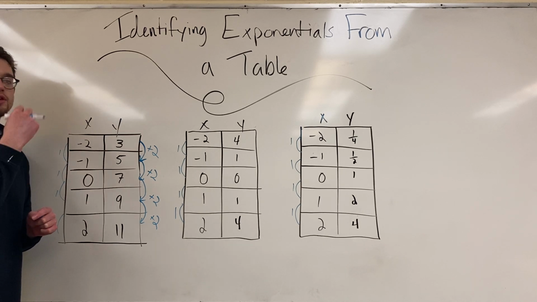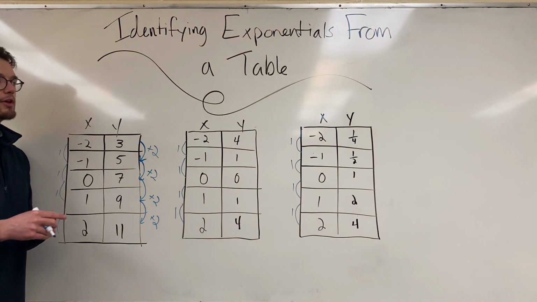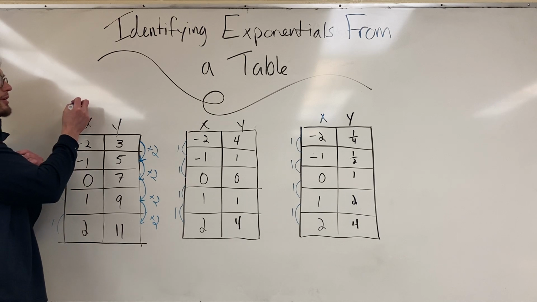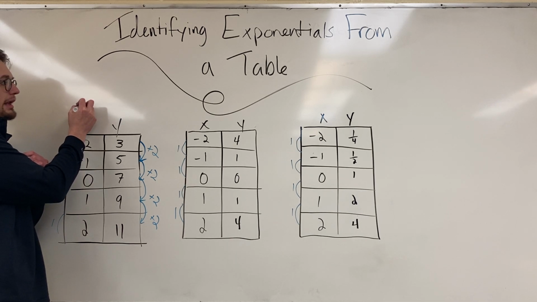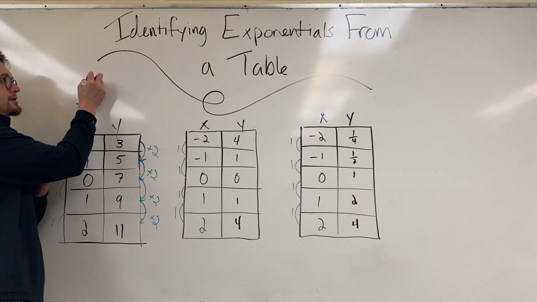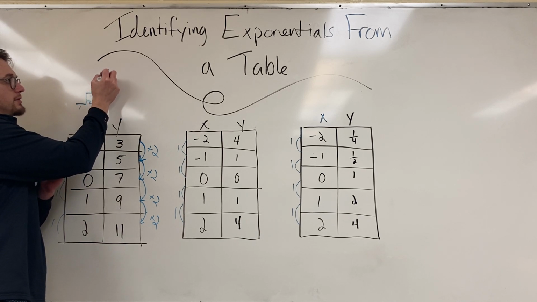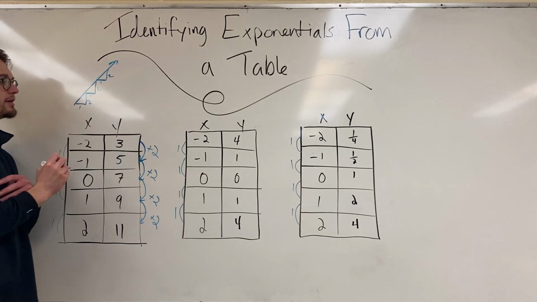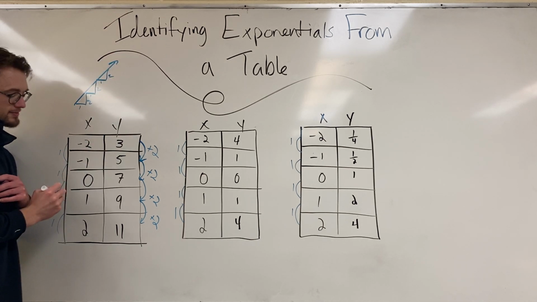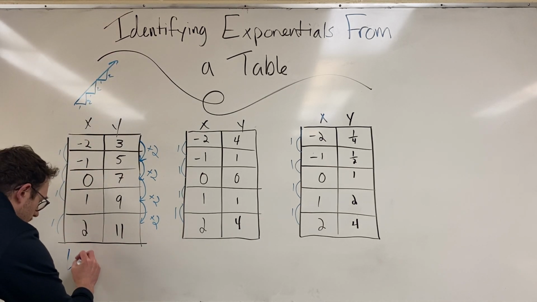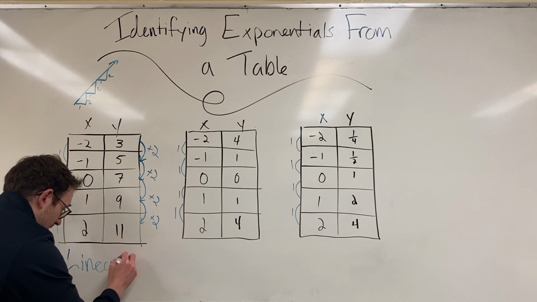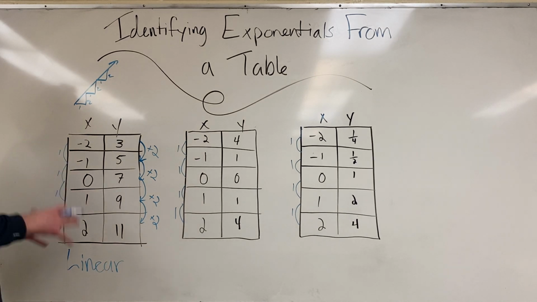When you keep adding the same thing or taking away the same thing, it's those steps: I'm going to go over 1 and add 2. Over 1, add 2. That is linear. So this one would be linear, not exponential. That's y equals mx plus b.